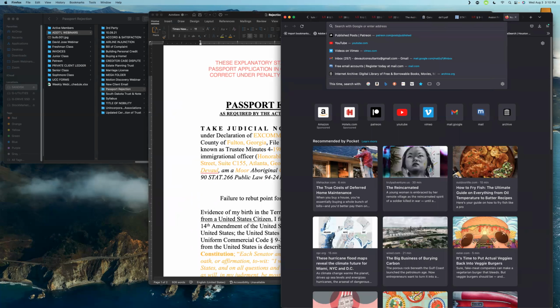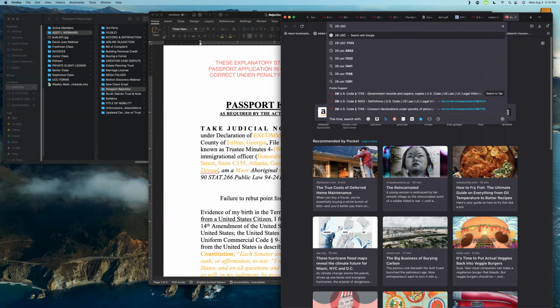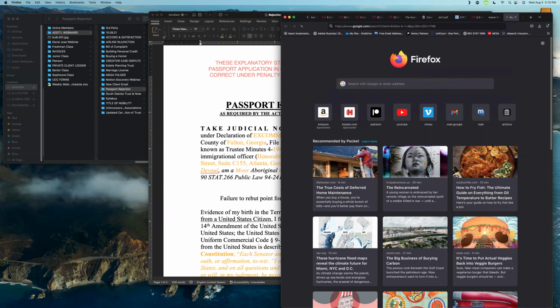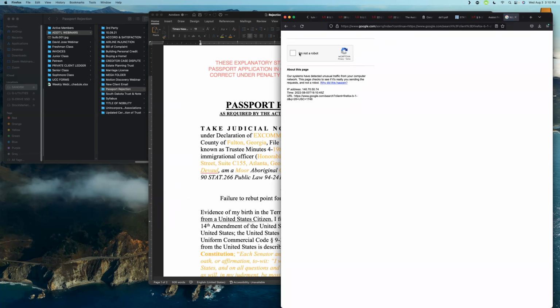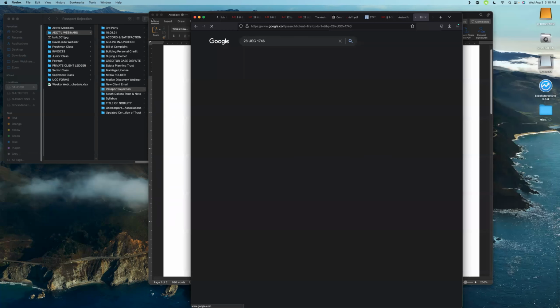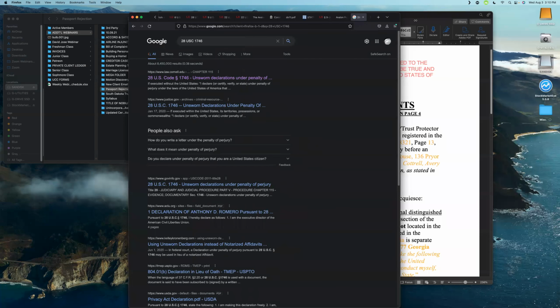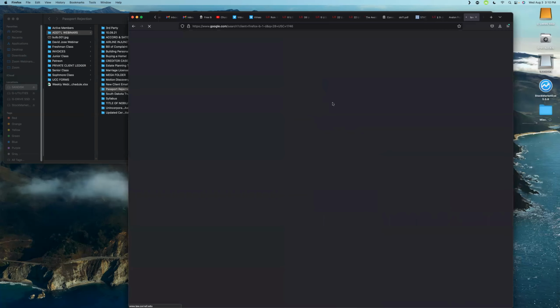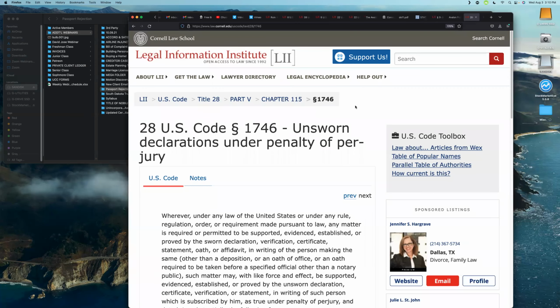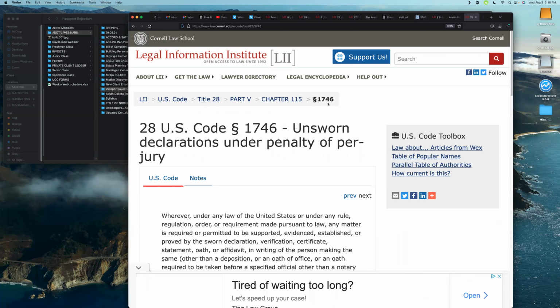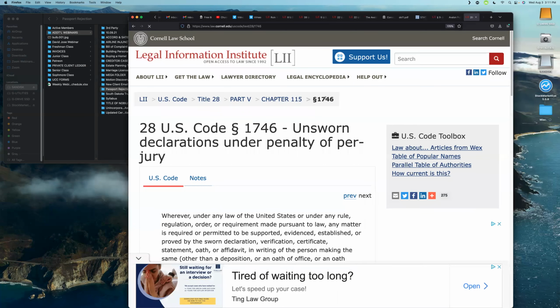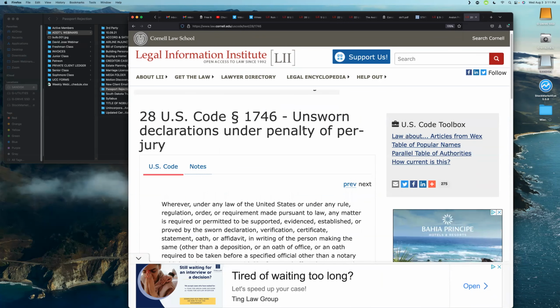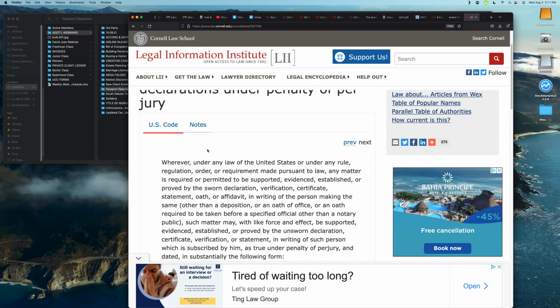If you go to 28 USC 1746, and the reason why they chose 1746 is because it is the actual year of the Republic Constitution, not 1787, not 1789. And we're talking about penalties under perjury, penalty of perjury, unsworn declarations.